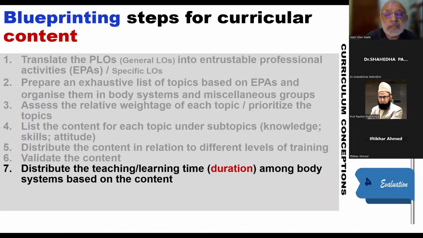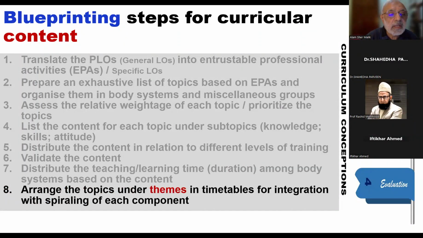Then distribute the teaching learning time or duration among body systems based on the content. So once we have identified the content, based on the weightage, and they are important and they must be taught, based on that, we would divide the available time of the course based on the content.